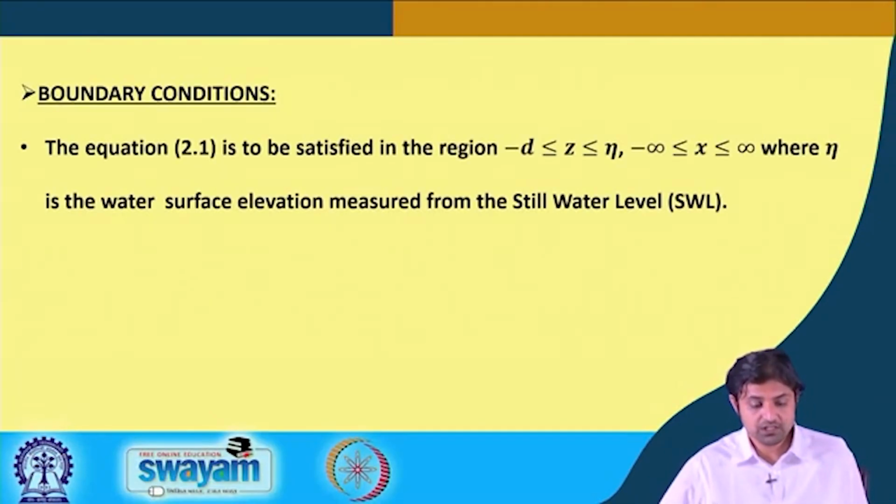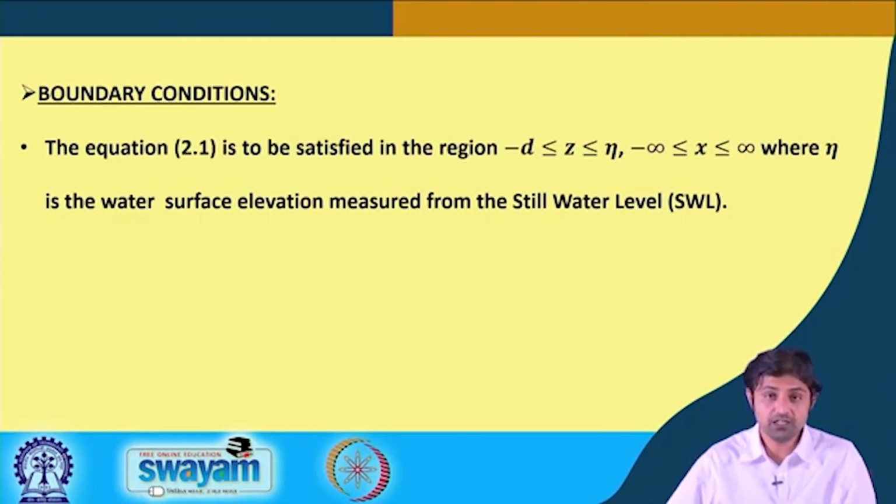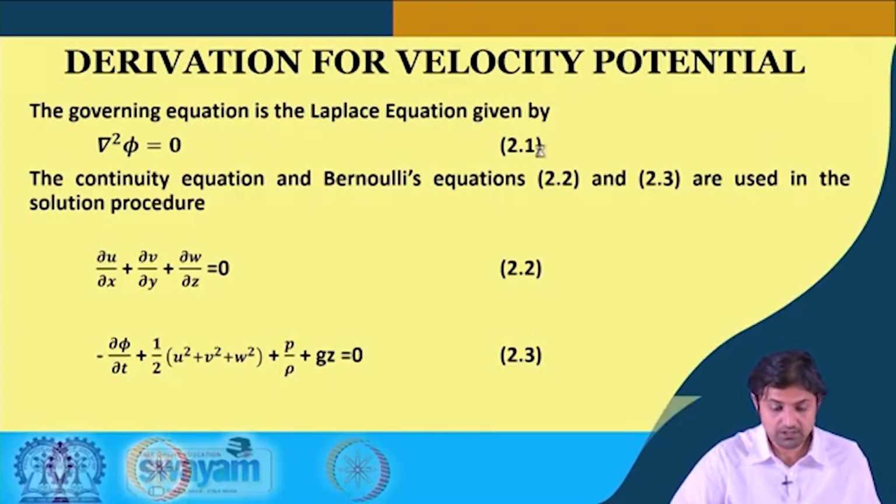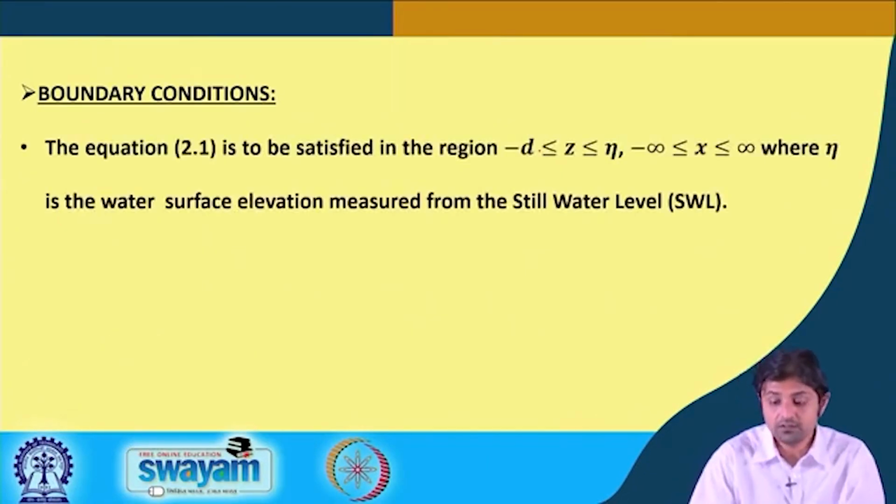Now, the boundary conditions, equation 2.1. This Laplace equation is to be satisfied from the water depth, if we say the water depth is minus d, to the free surface of the wave.